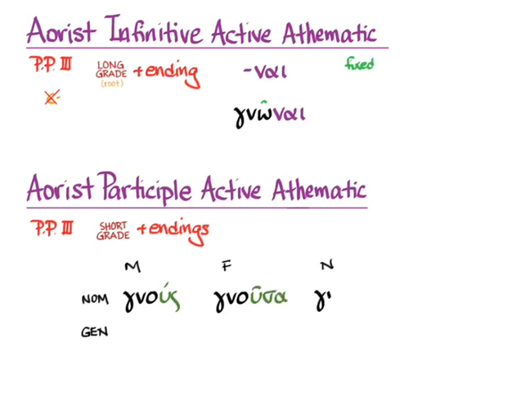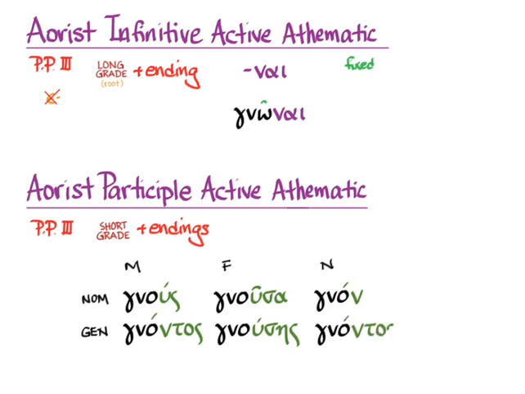So we get gnous, gnousa, gnon, gnontos, gnouses, gnontos. So that means the stems for the rest of the participles will be gnont in the masculine and the neuter, and gnous in the feminine. And you know what to do with those and all the rest of the cases and numbers and genders.